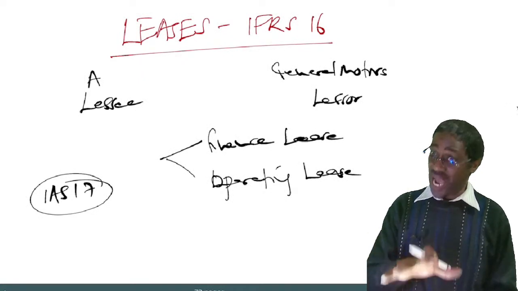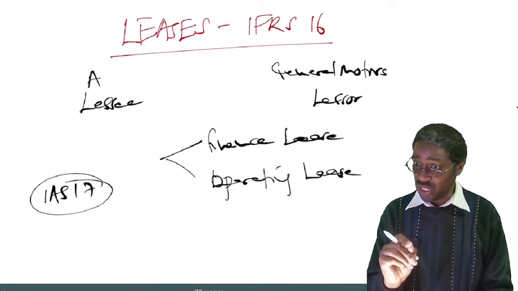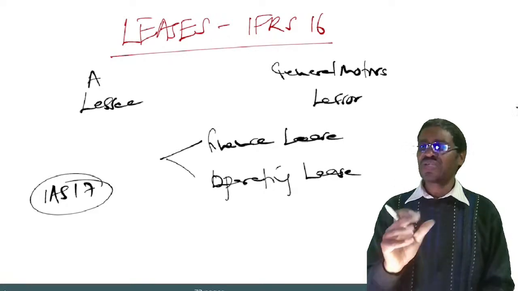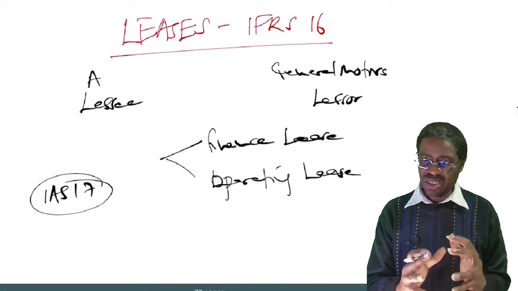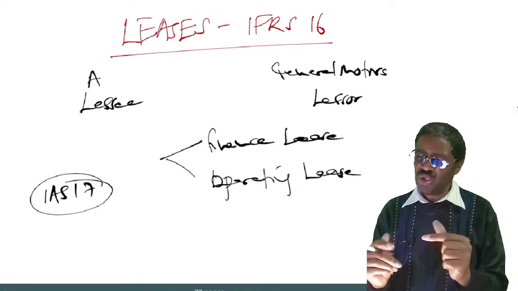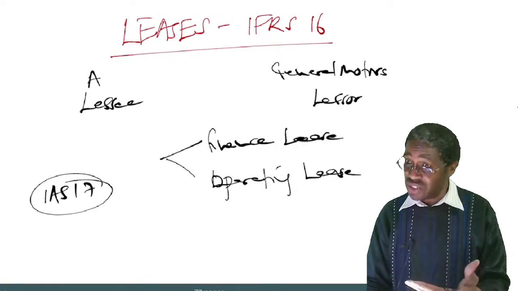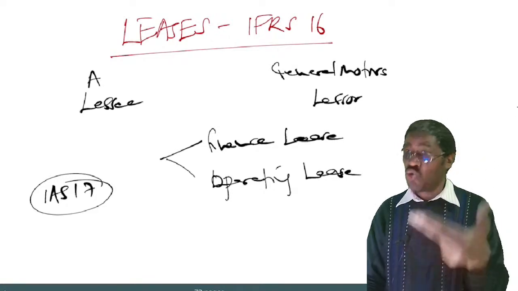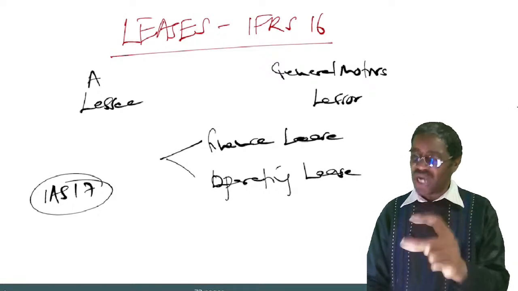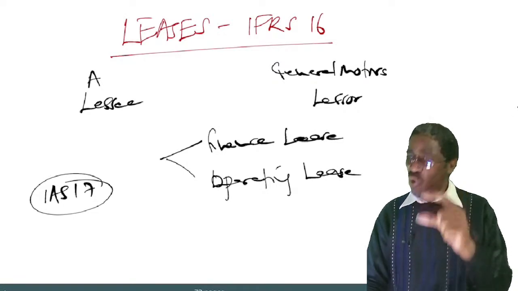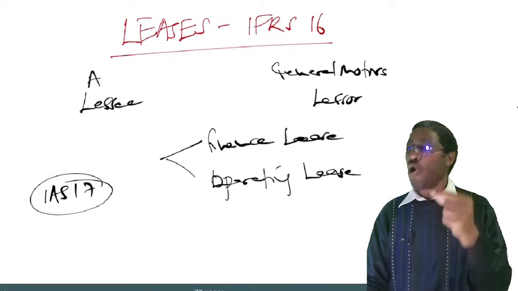It required that when you as a lessee lease an asset, it was upon you to classify that asset as either an operating lease or a finance lease. You as company A were required to classify your lease as either an operating lease or a finance lease.